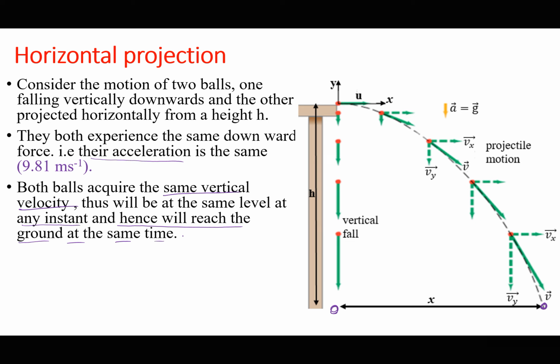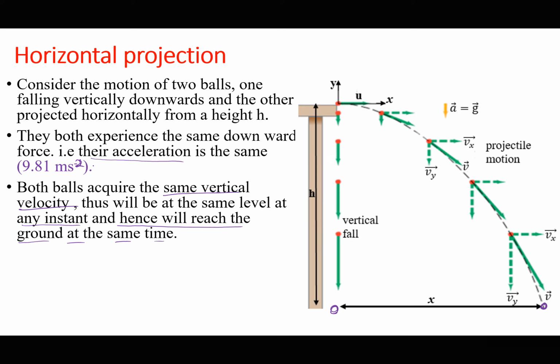Why? They have the same acceleration in the vertical. If they have the same acceleration in the vertical and this acceleration does not affect the motion in the horizontal, then it means these two are going to arrive at the same time. So their acceleration is the same, that is 9.81 meters per second squared.